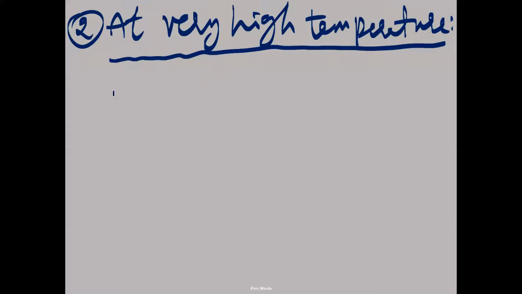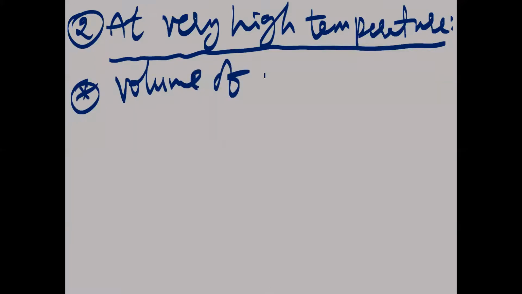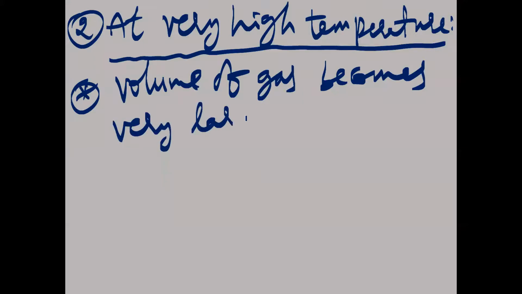The volume of gas becomes very large. In which conditions? At very high temperature and at very low pressure also.